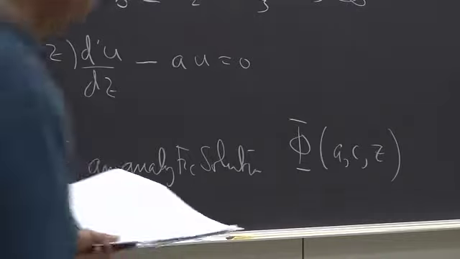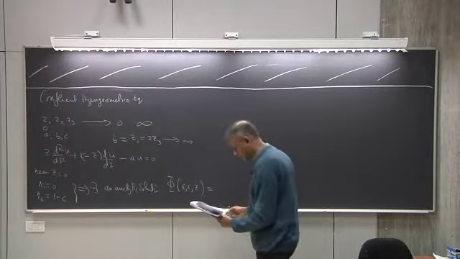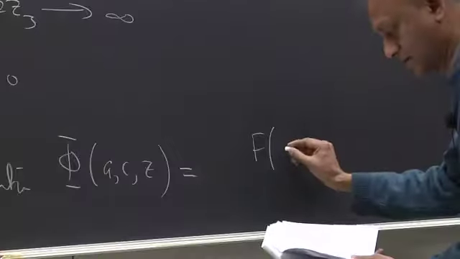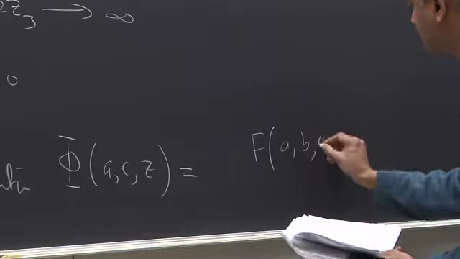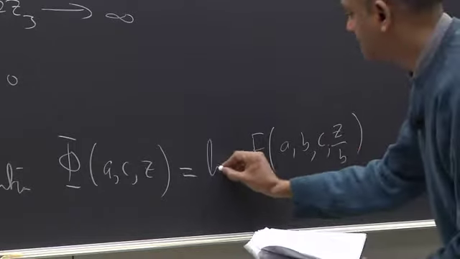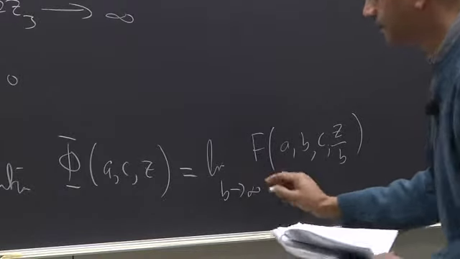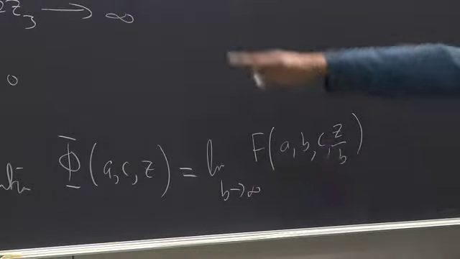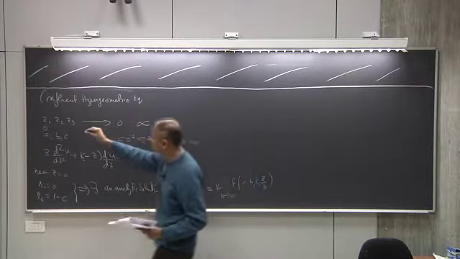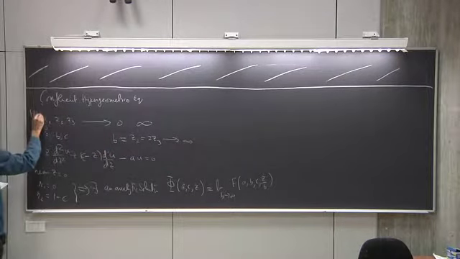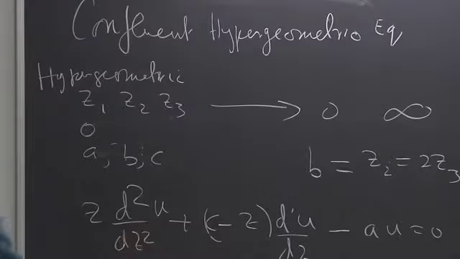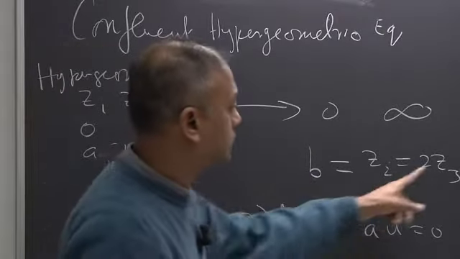And then we saw that this was actually obtained in terms of the hypergeometric function by this limit: f a, b, c, z over b, and then take the limit b goes to infinity. So this is not surprising, as I said, because this equation is coming from the hypergeometric equation, where we just took some limit where we have to take b also to infinity.